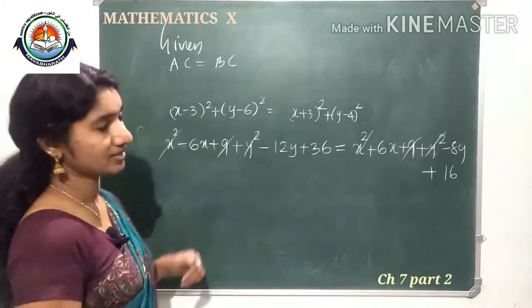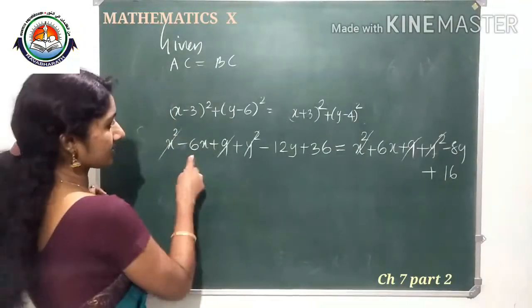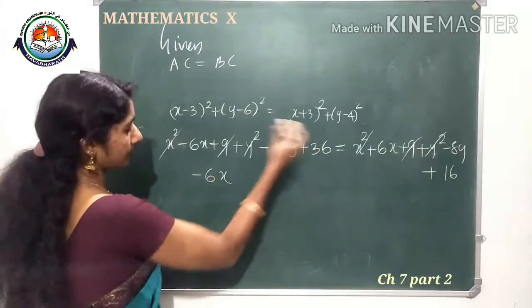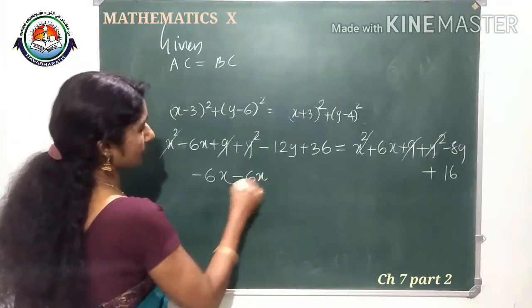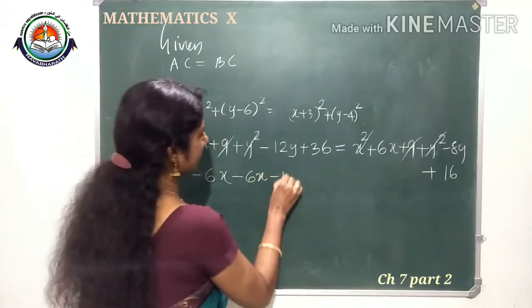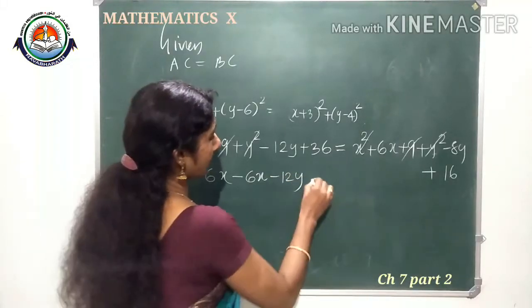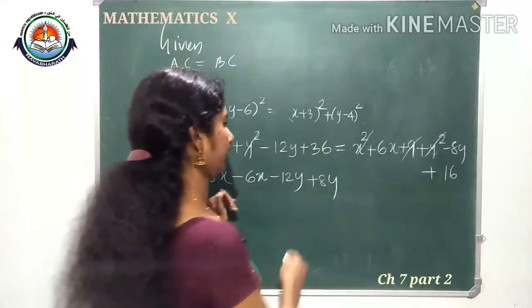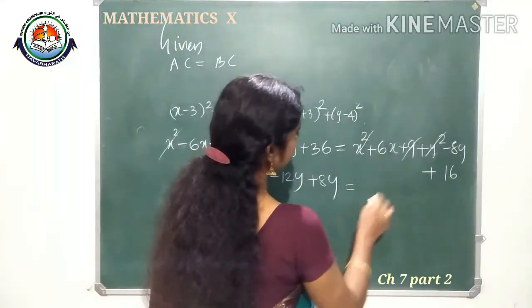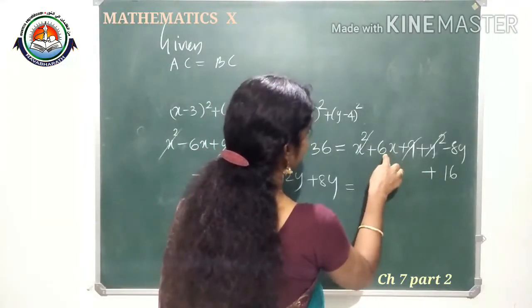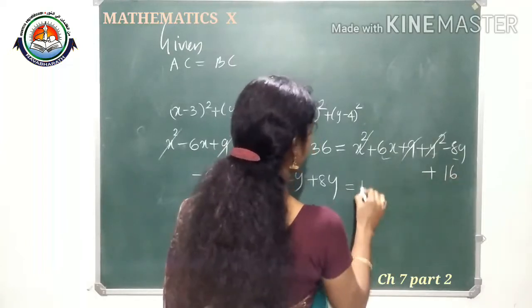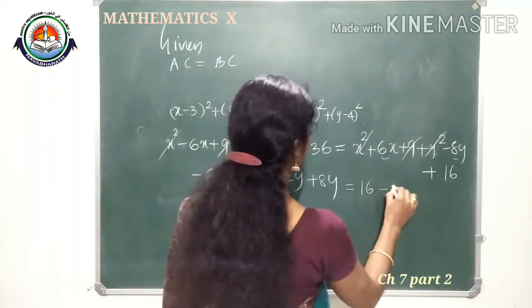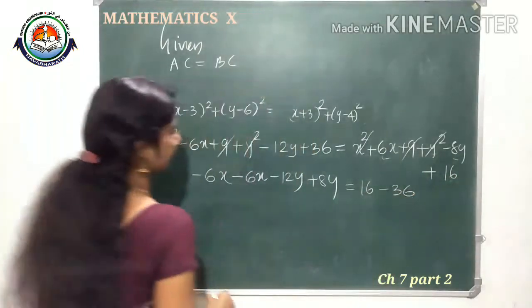So we can collect all other terms. Minus 6x is here. From there that 6x is coming, so it will come as minus 6x. Minus 12y is here plus 8y. So I collected all the variables to the left side. Then in the right side, the 6x we have taken, this one, 16 only remains, 16 minus 36.